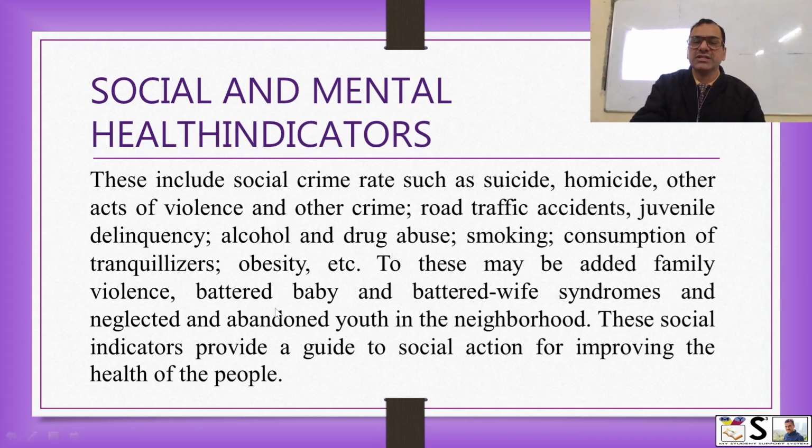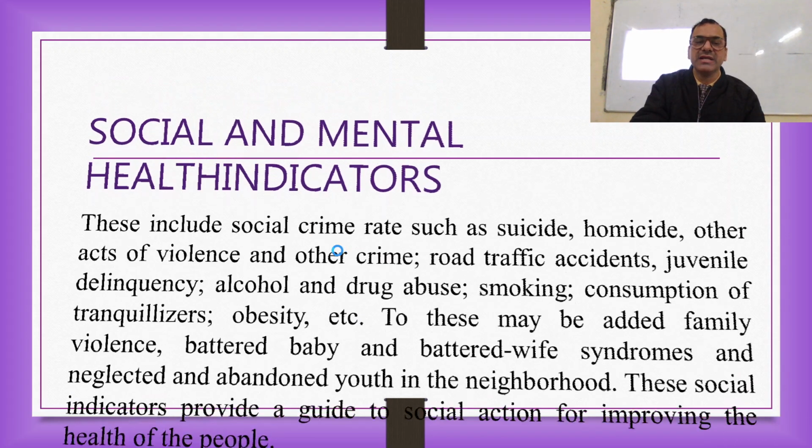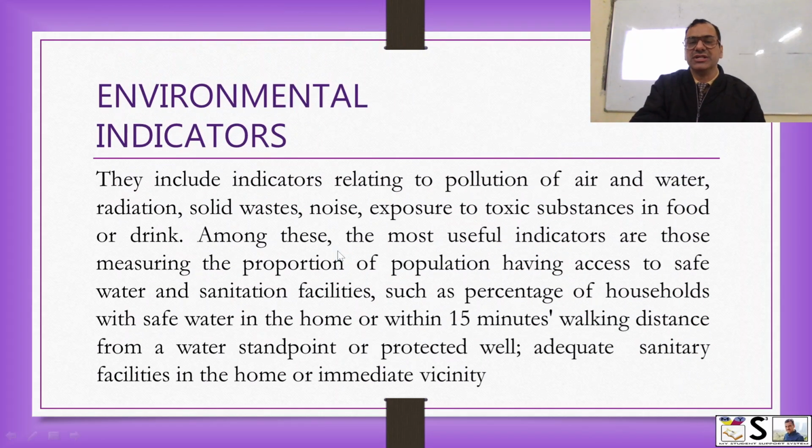So these indicators are considered as social and mental health indicators. And then finally, we also have some environmental indicators which also affect our health. The best environmental indicator nowadays, we are aware of AQI. The AQI in Delhi is sometimes in the severe stage and very poor stage, which shows that our health is at risk.